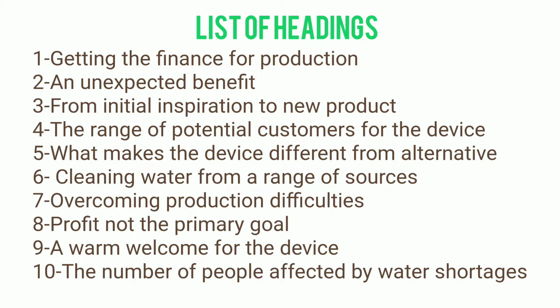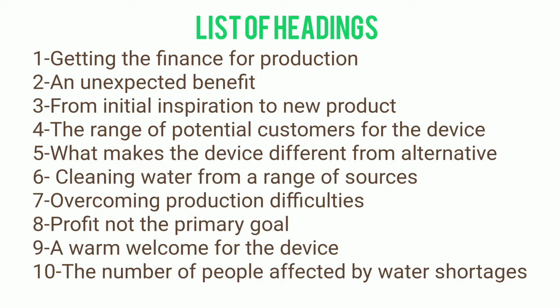Sixth says cleaning water from a range of sources. No, this is not talking about cleaning water or sources, so let's cross this also. Overcoming production difficulties. There is nothing about production over here, so let's cross this. Profit not the primary goal. There's nothing about profit, so let's cross this.